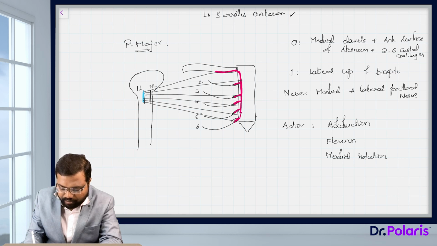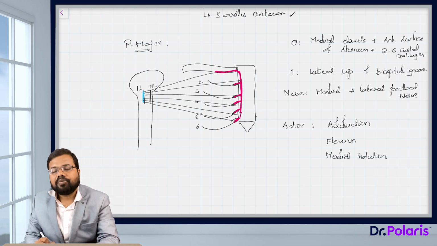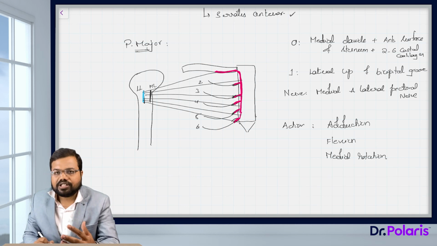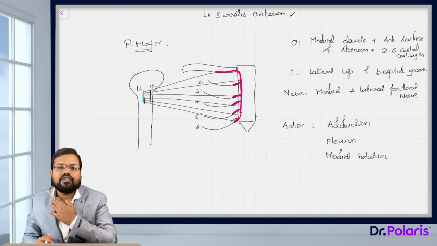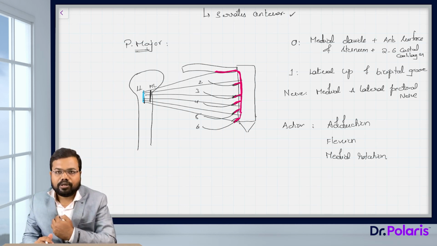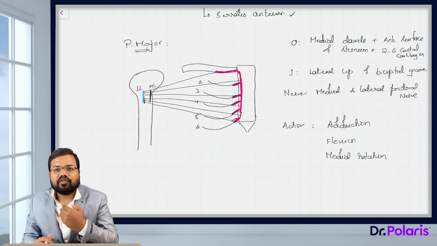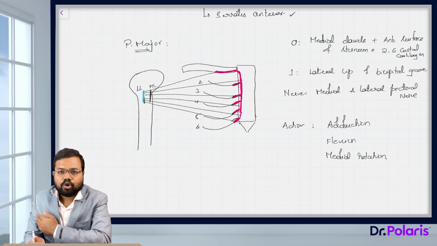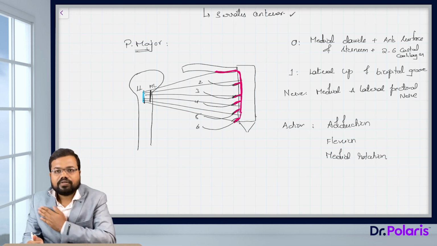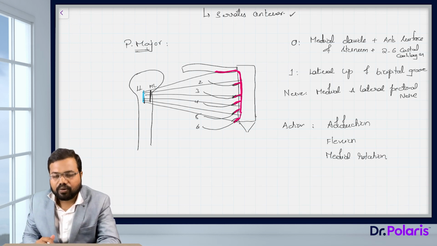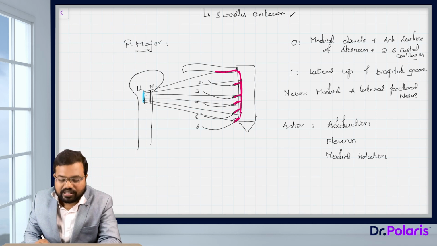Even though clavicular fibers are above and sternal fibers are below while originating, while inserting their fibers are twisted so that the clavicular fibers insert at the lower level and the sternal fibers go towards the upper level. Okay, that's about the pectoralis major.